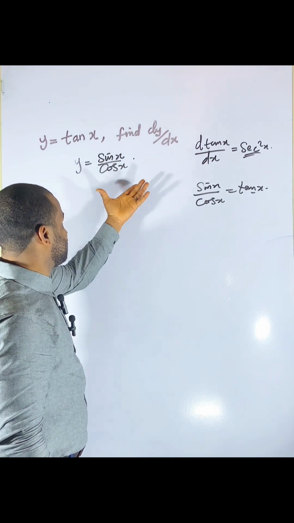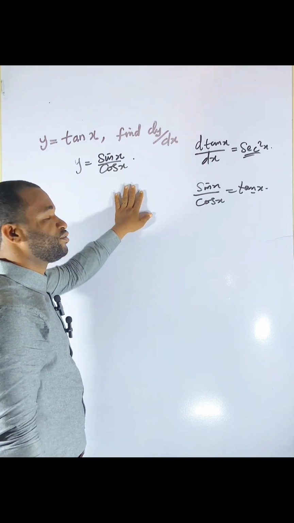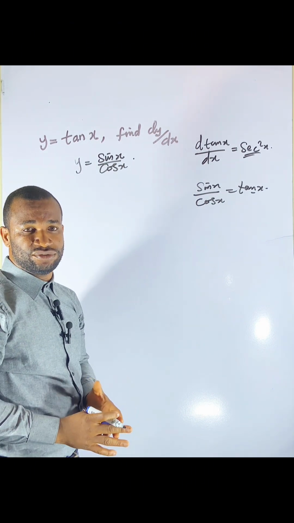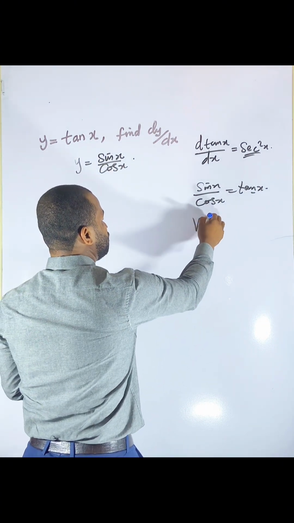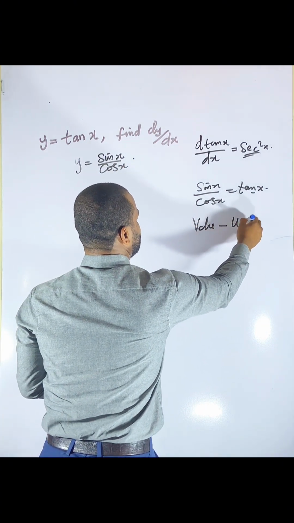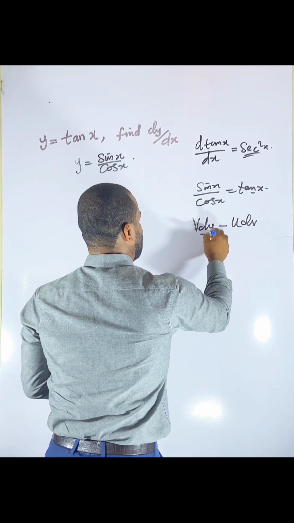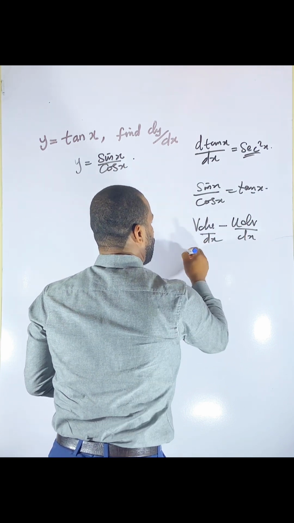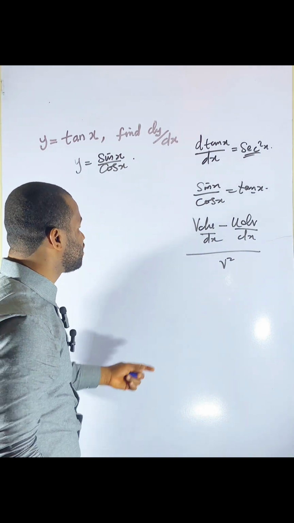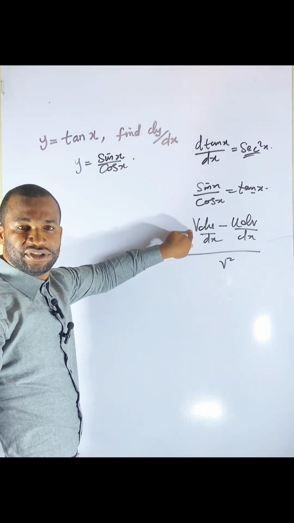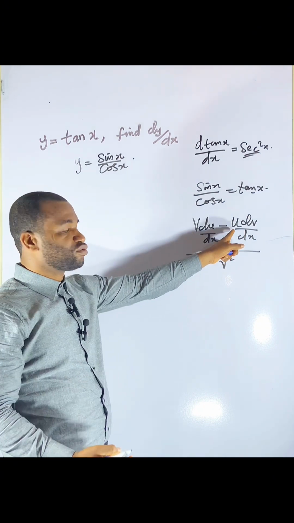Now, when we have this, the next thing we are going to do is to apply the quotient rule. Remember what the quotient rule says. It has that v du minus u dv all over dx, all divided by v squared. So the question now is, what are we going to call our v, and what am I going to call my u?